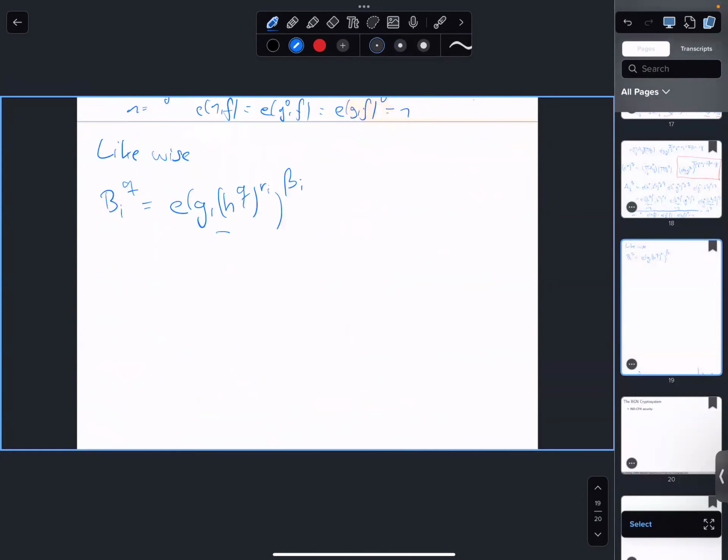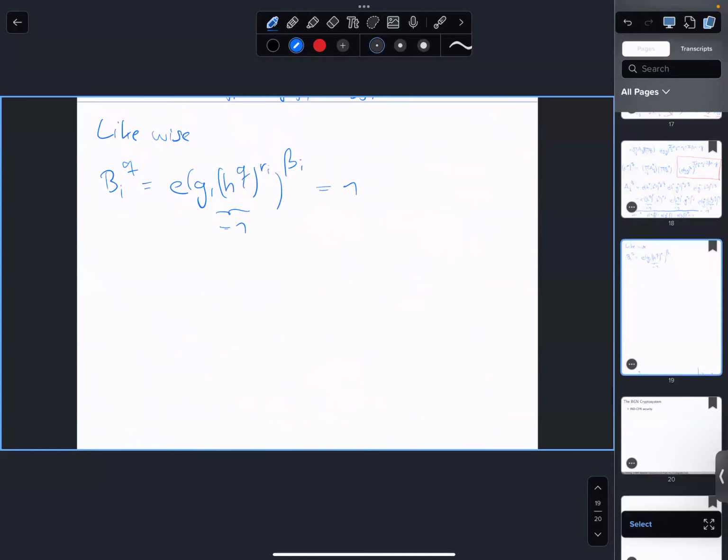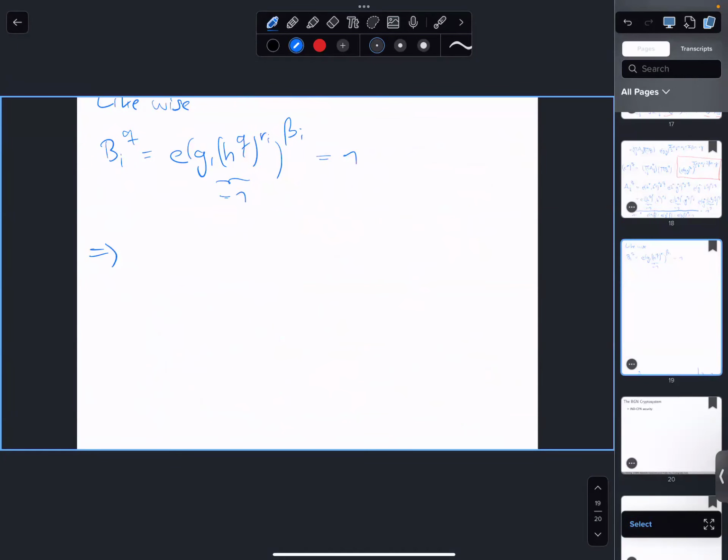To the beta_i, but this guy here is just 1, right? And now again, we're pairing up G with 1. This is just 1. So we do have C star to the Q is just E of G, G to the sum over ij of alpha_ij m_i m_j plus sum over i of beta_i m_i plus gamma, right?